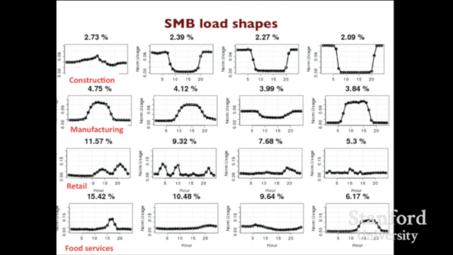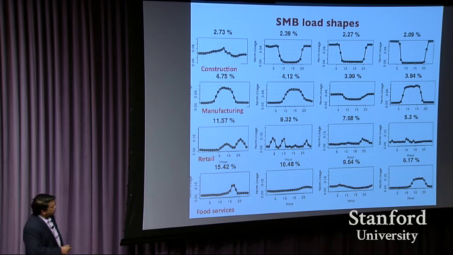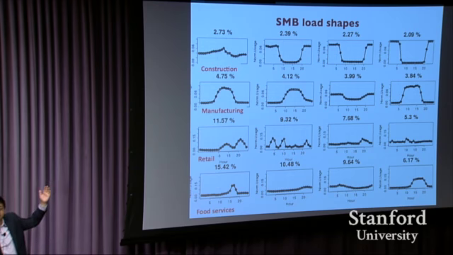For example, here's a typical shop, right? It opens up early in the morning. It has some period of time in the afternoon where things are slower, sun is setting, so the air conditioning goes lower. So it's like a double peak. Interestingly enough, construction has a lot of loads that are on at night, because a lot of construction actually goes on at night. So if you're recording that in your meters, there you go.